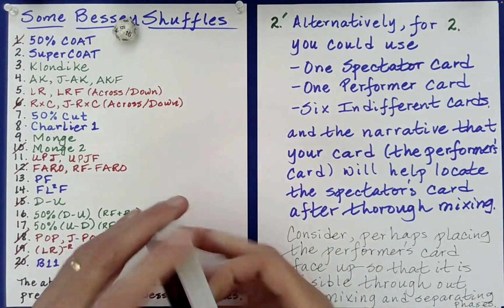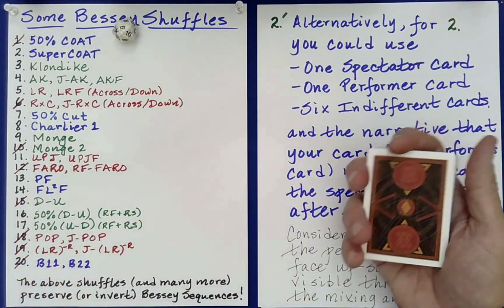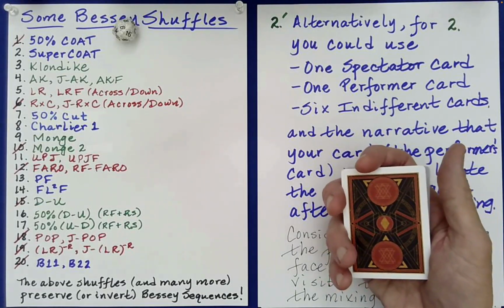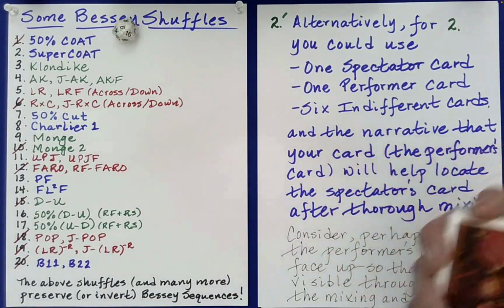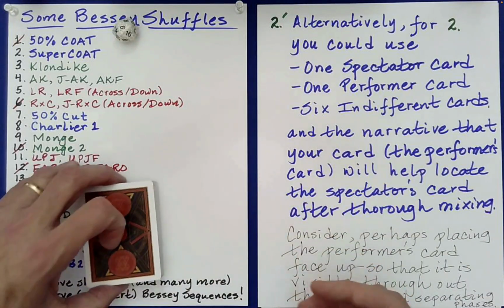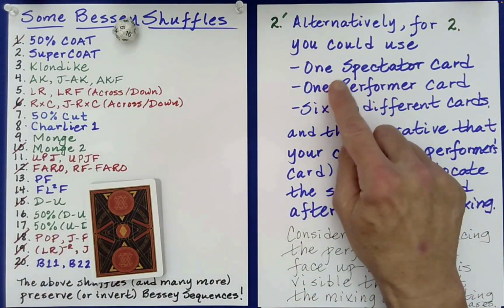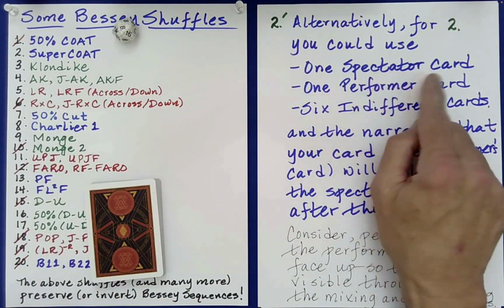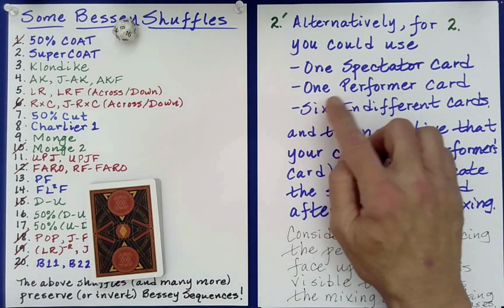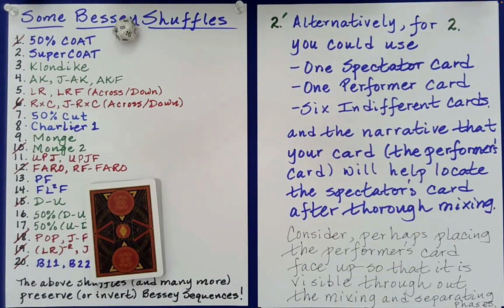Okay, so what we're going to do differently here is, instead of having the King and Queen of Hearts that we bring together at the end, what you could do is have a freely chosen spectator card, and then 1 card chosen by the performer, along with 6 indifferent cards.